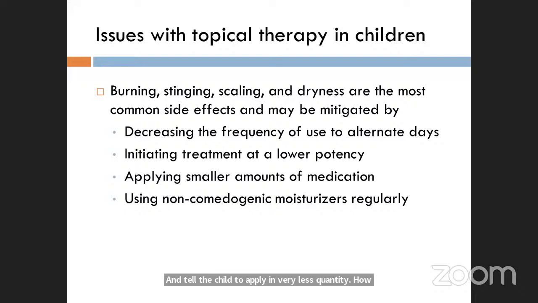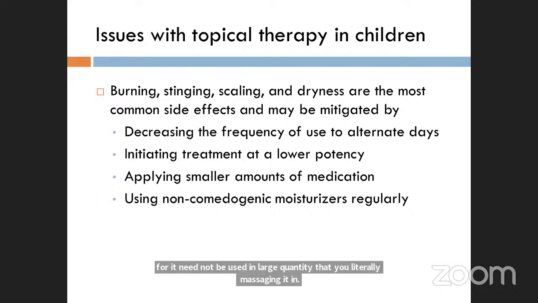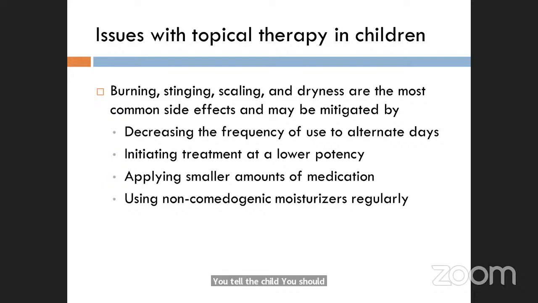You tell them of size of pea. मटर भर दाना बराबर उंगली में लेना है और उतना ही फुल फेस में इसको डिस्ट्रीब्यूट करके लगा देना है. Just about enough. It need not be used in large quantity that you are literally massaging it in. You tell the child, you should just think ये लगा भी कि नहीं लगा, इतना कम लगना चाहिए.